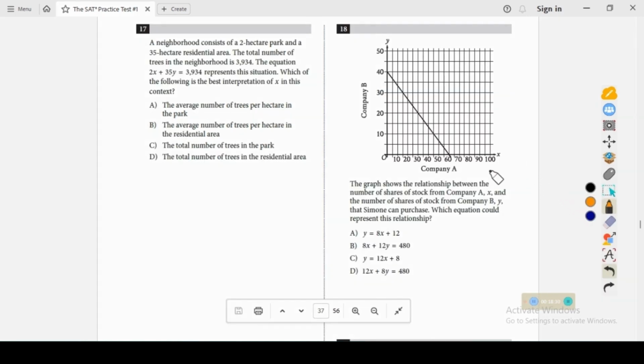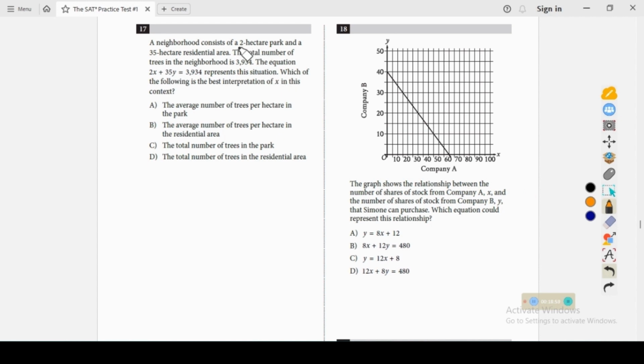In question number 17, a neighborhood consists of a 2-hectare park and a 35-hectare residential area. The total number of trees in the neighborhood is 3934. The equation 2x plus 35y equals 3934 represents this situation. Which of the following is the best interpretation of x in this context?